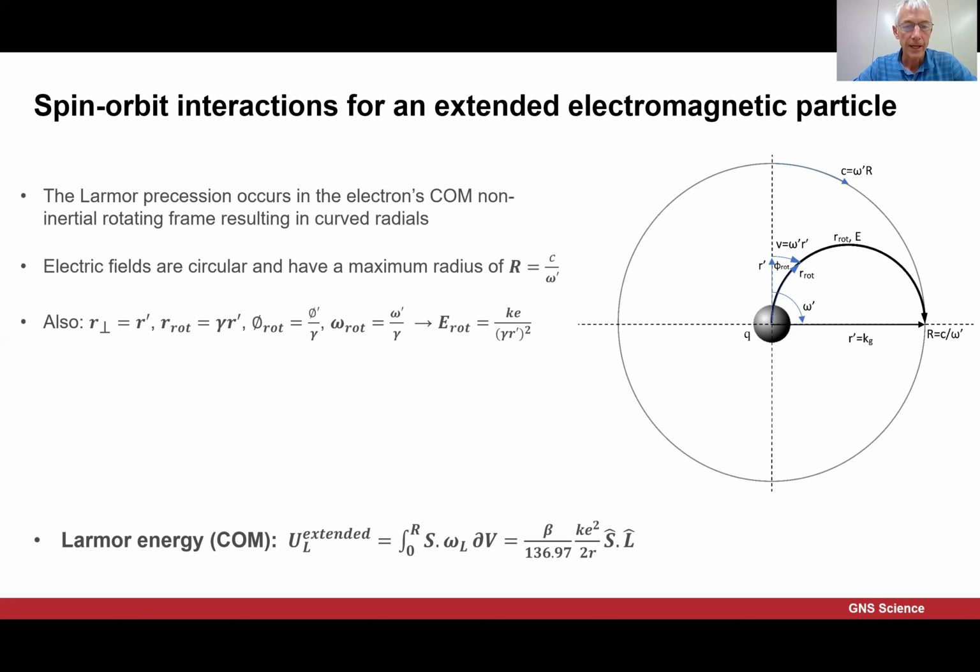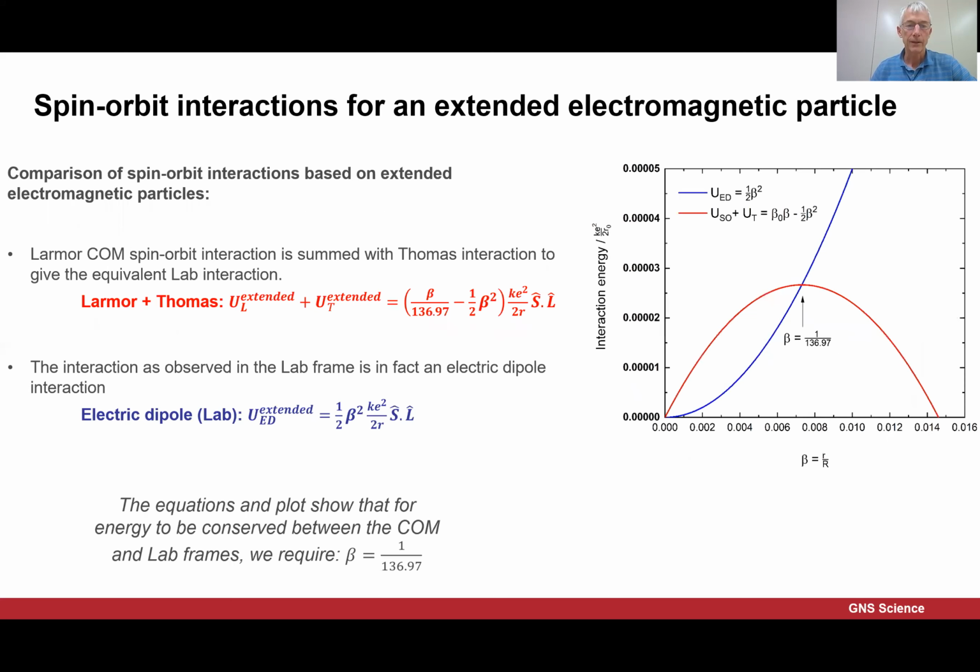And the equation that we get is that equation in the bottom part of the slide. And you can see that that is actually different to what was obtained for a point particle. And then what we need to do is to still add in the Thomas correction, which is in the red equation there, and then we can compare that with the electric dipole term, which is the same as the point particle equation.